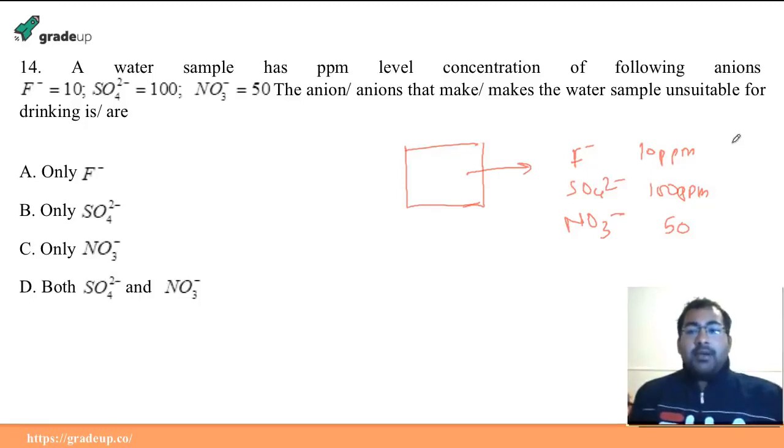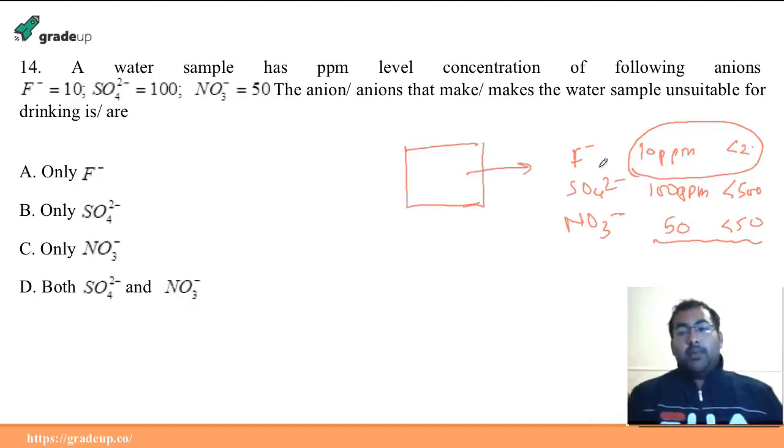For drinking purposes, you know that the sulfate level should be less than 500 ppm, nitrate level should be less than 50 ppm, and fluoride ion level should be less than 2 ppm, right? Here the nitrate is fairly equal, so that's fine, but the fluoride ion concentration is way above 2 ppm, which is not desired.